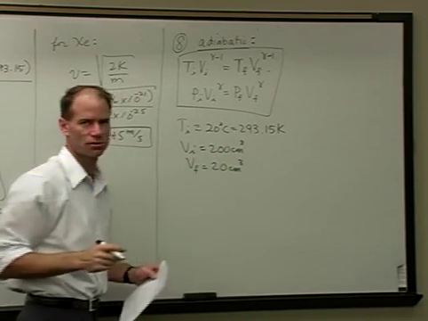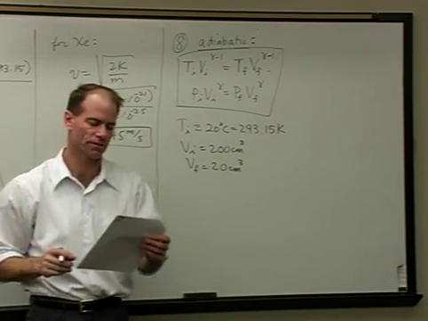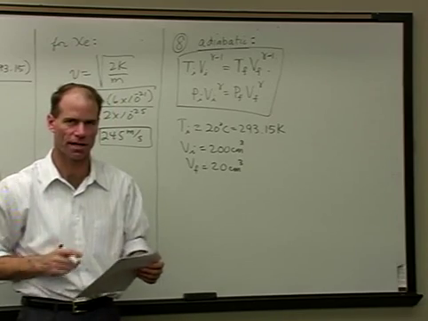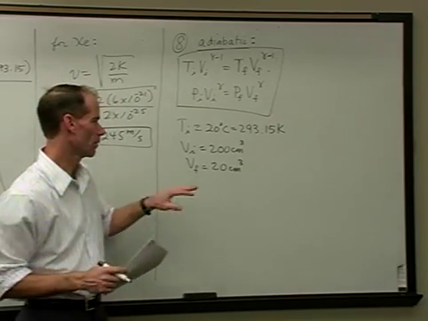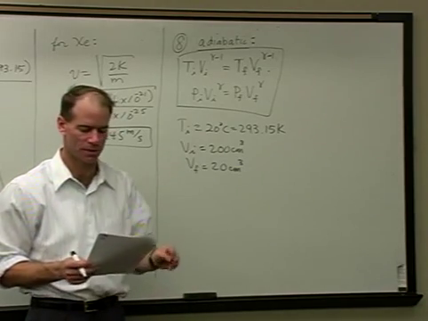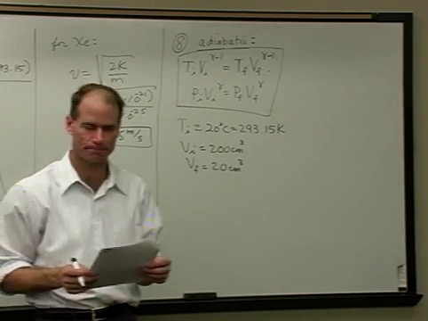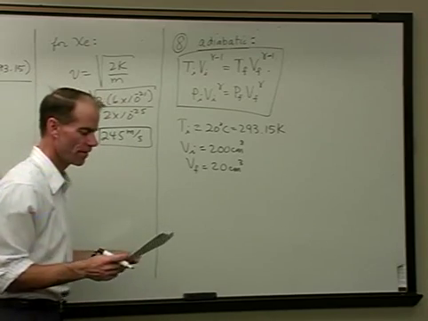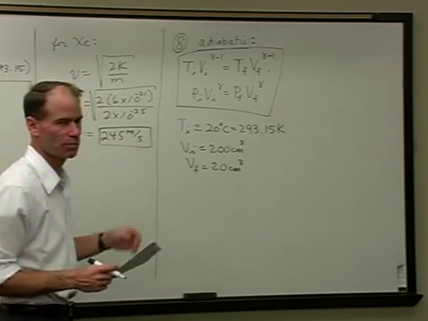I'm going to keep those in those units because we're going to do a ratio of the volumes anyway, so the units are going to cancel out. Normally I probably would change that into cubic meters, but we don't need to do that. We want to find the final temperature after this compression.